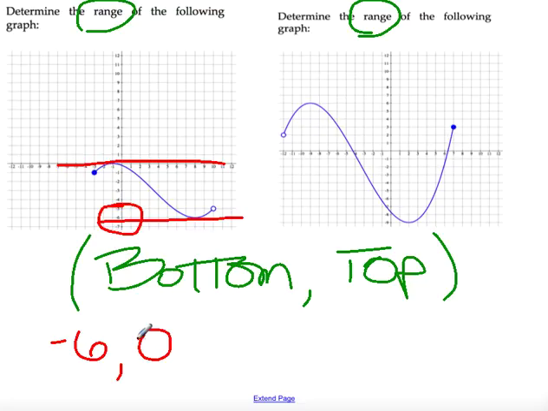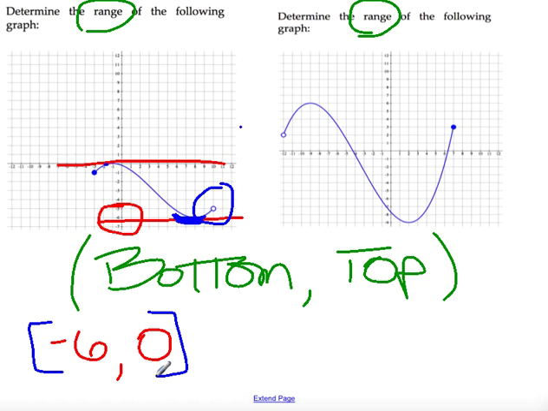Okay. Now, you have to realize with this graph that it is equaling -6. This open circle that is here does not involve the bottom. So the graph does hit -6 and it does hit 0. So we actually need brackets on both of these.